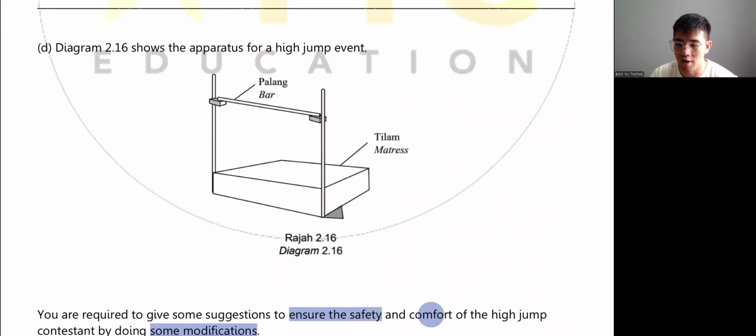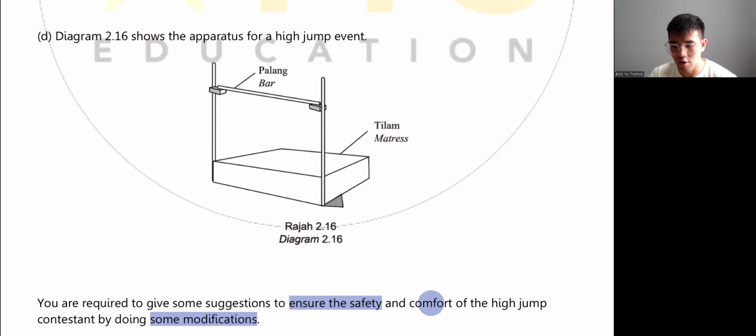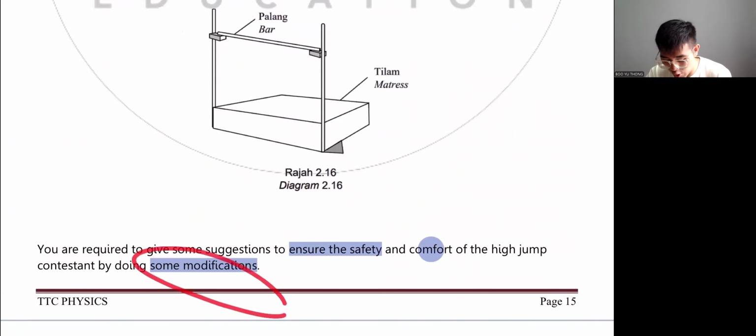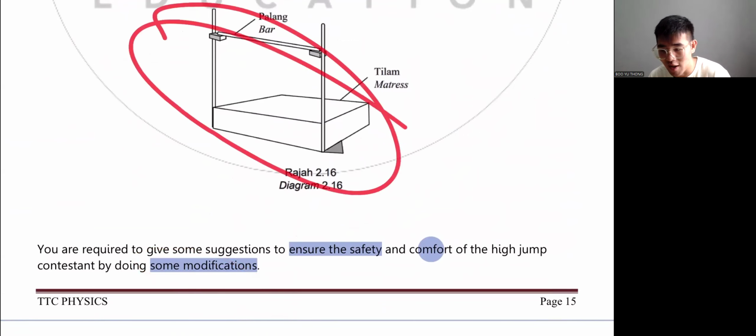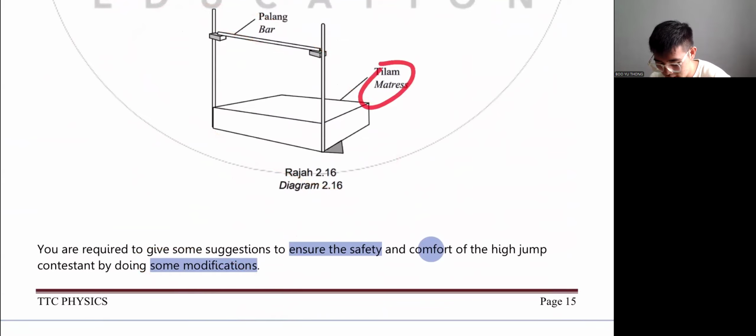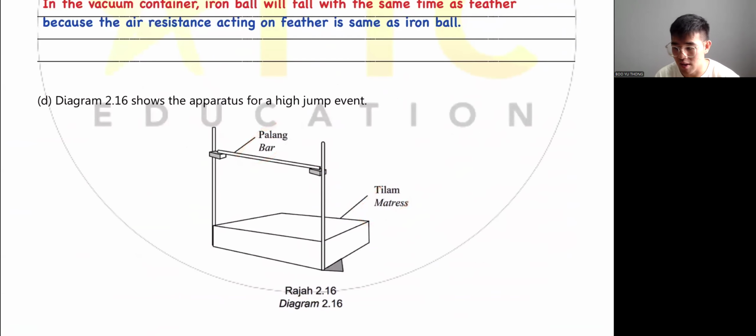They just say, think yourself. They just tell you some modification, but they don't tell you what modification you should make. Then you have to look at the diagram yourself and think of it yourself. See the labeling, see the bar, see the mattress, whatever they label for you, just modify that.